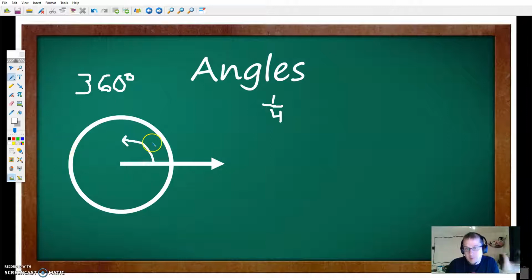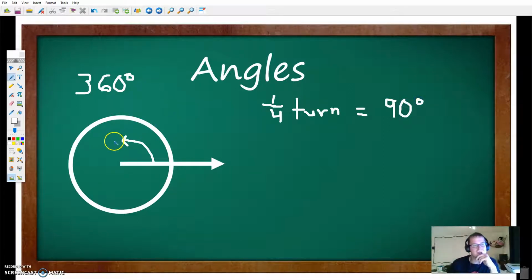So if the whole circle is 360 degrees, a quarter turn is going to be equal to what? What is 1/4 of 360? Or another way to say that is, what is 360 divided by 4? Break that down a little bit. We know that 36 divided by 4. So 4 times what is 36? Well, 4 times 9 is 36. So I've just got to add that 0 onto the end. A quarter turn would then be 90 degrees.